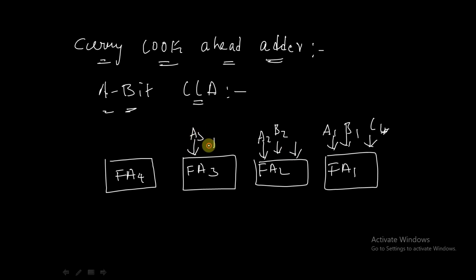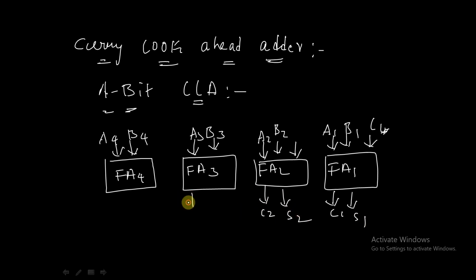Then A3, B3, and A4 and B4. For full adder 1, my outputs are C1 and S1, then C2, S2, C3 and S3, and carry 4, C4 and S4. So these are my outputs of every stage.